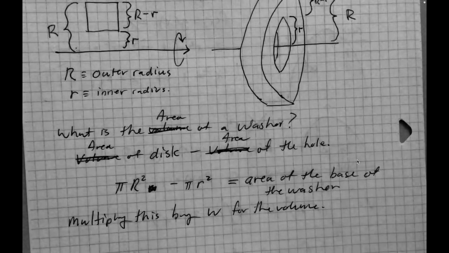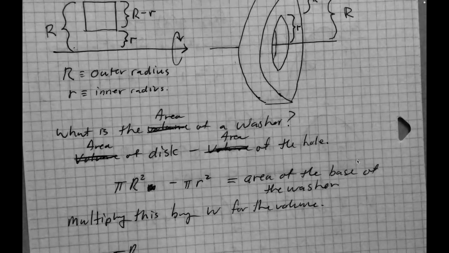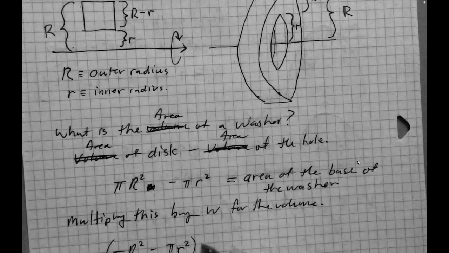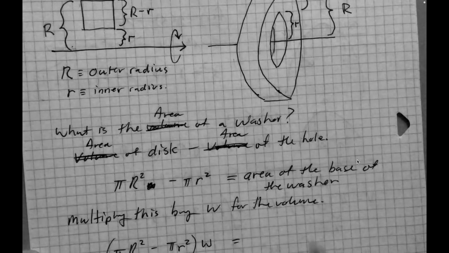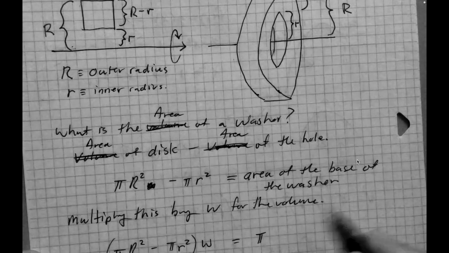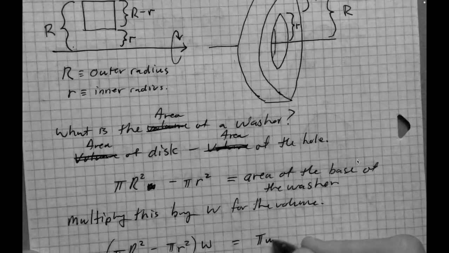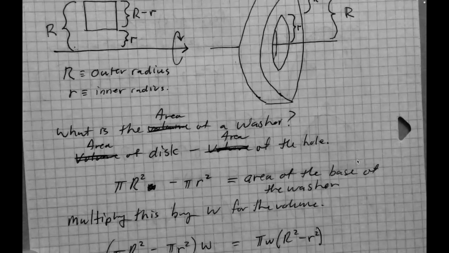So the volume would be equal to pi R squared minus pi little r squared, times W. We can clean this up a little bit by pulling the pi out: pi times W times R squared minus little r squared.